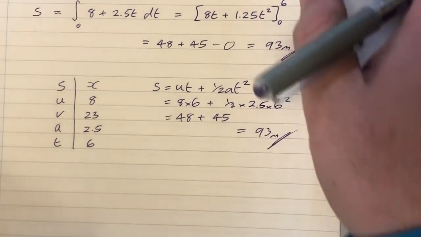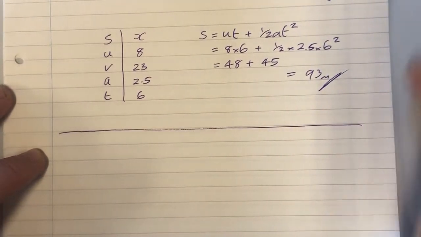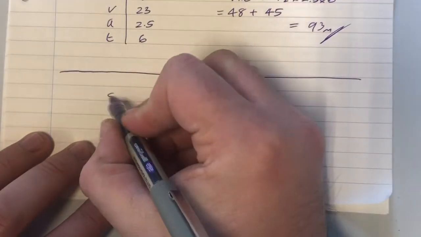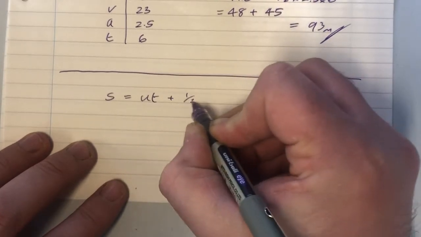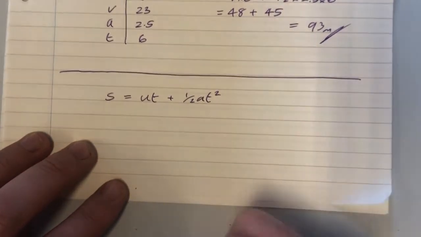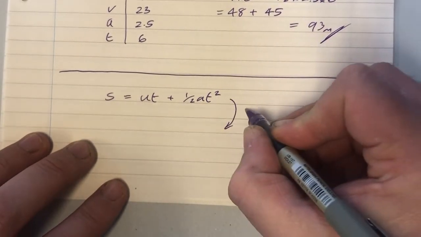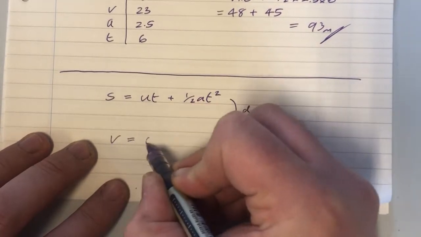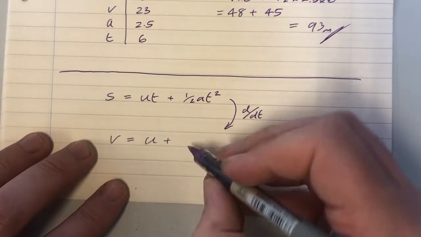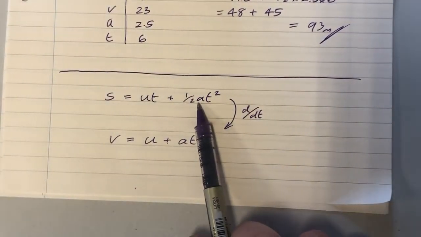And the reason why it works in this case is because if s is indeed ut plus half at squared, and if I differentiate that with respect to time, I will get v is equal to u plus at. And that is obviously only true if the acceleration is constant.